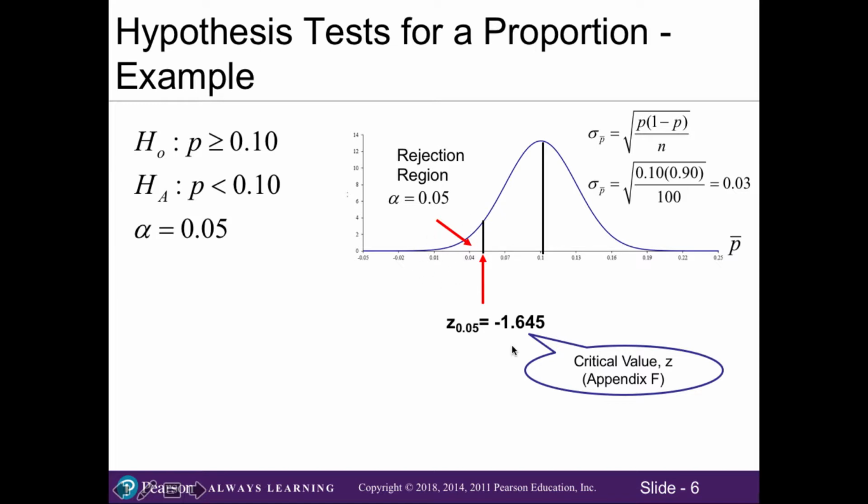If it's not less than our cutoff point and our sample proportion falls somewhere in here, then our null hypothesis is not rejected, which implies that it is true. Therefore, we do not reject the null.